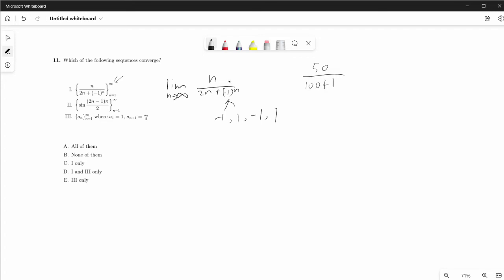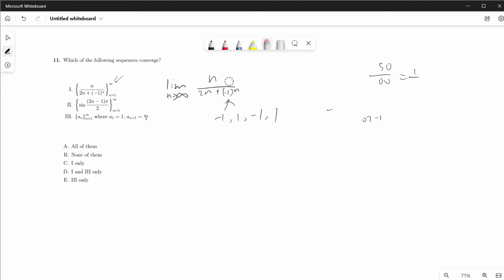So this is basically the same as 50 over 100, which is a half. This 1 or -1 is not going to affect much. For 51 it is going to be 102 minus 1, so that's like 0.499 or something like that. So something really close.